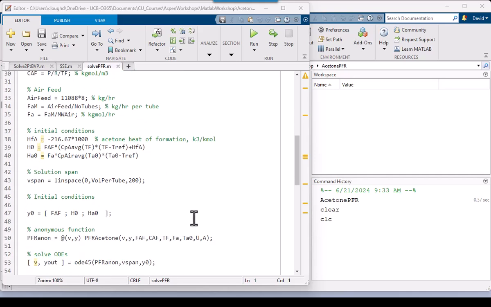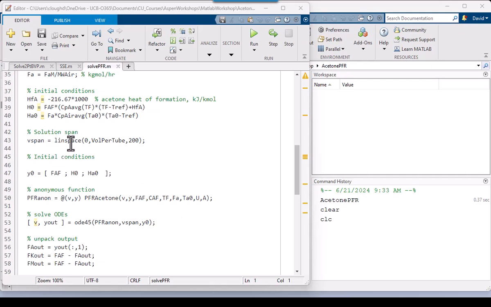And then the same in terms of setting our V-span, but now the initial conditions are in terms of the molar flow rate of acetone and then the two enthalpies according to our model information flow diagram. And then coming down here, we are using a routine called PFR acetone and not the word simplified in there. So let's go take a look at that.